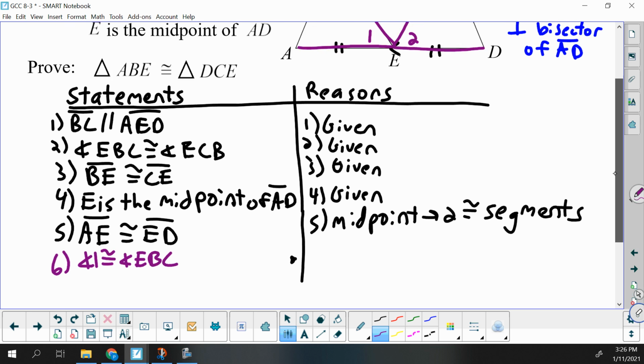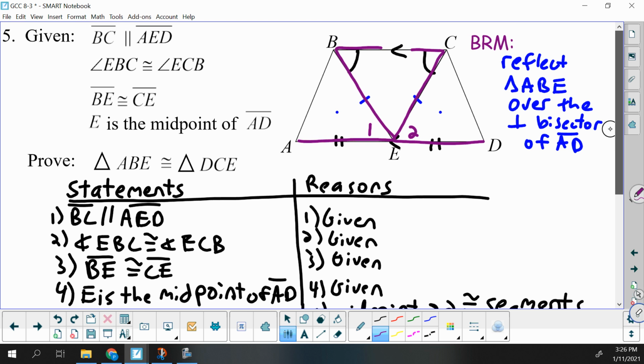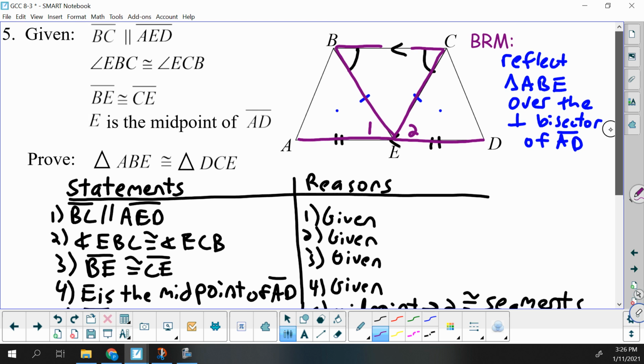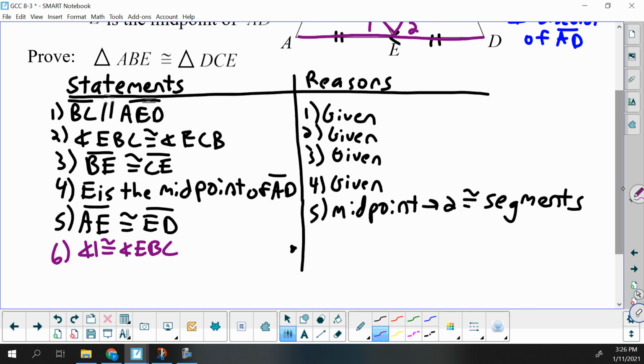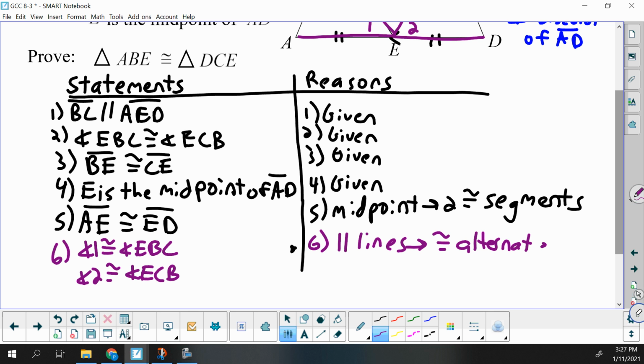And then with the other zigzag, angle 2 can be congruent to ECB. And that's from parallel lines implies congruent alternate interior angles.